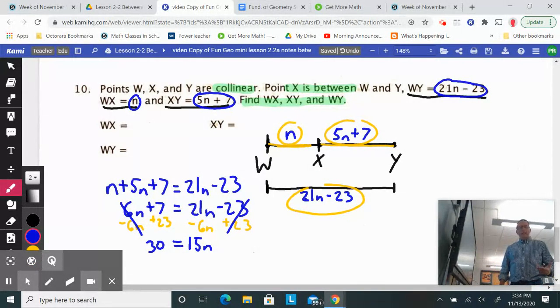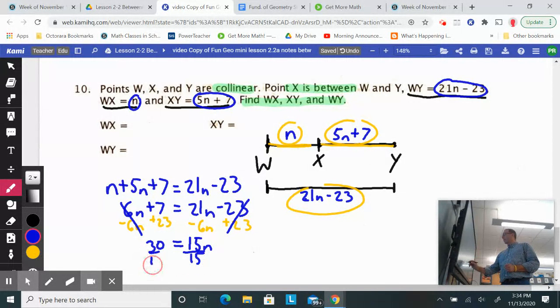So when I do the algebra, I end up with 30 on the left side, 15n on the right side, and now I just got to get n by itself, divide by 15. So 2 equals n. And I have to answer the question.